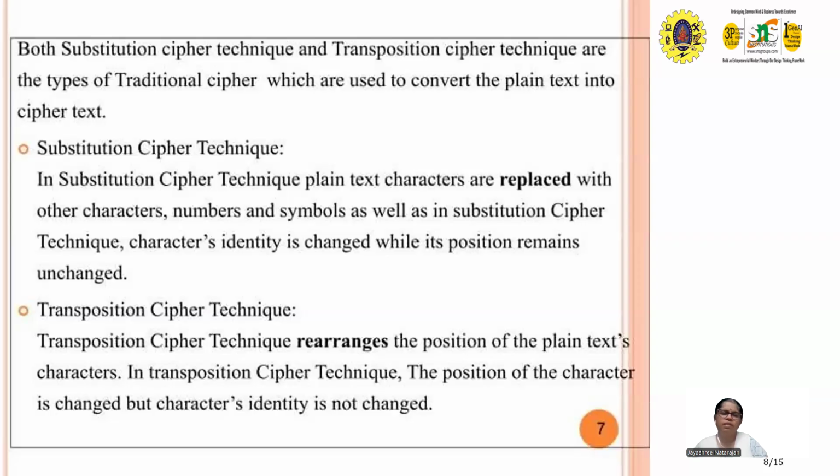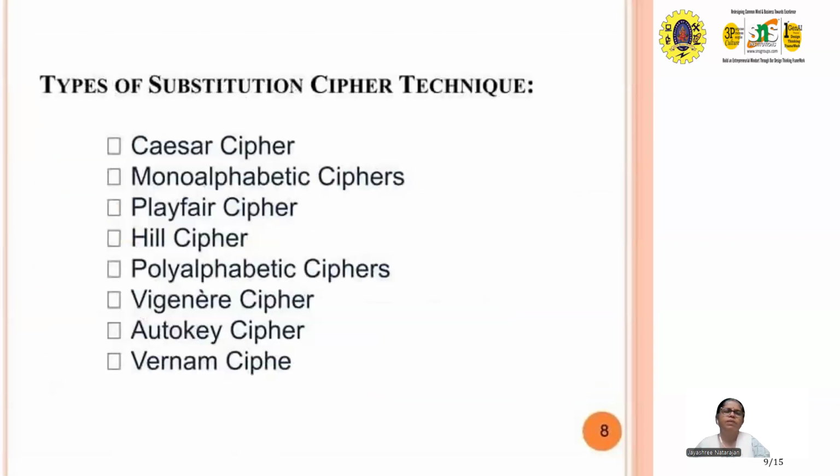We will discuss it in detail in the coming classes. These are the different substitution techniques: Caesar cipher, monoalphabetic ciphers, Playfair cipher, Hill cipher, polyalphabetic ciphers, Vigenere cipher, Autokey cipher, Vernam cipher.